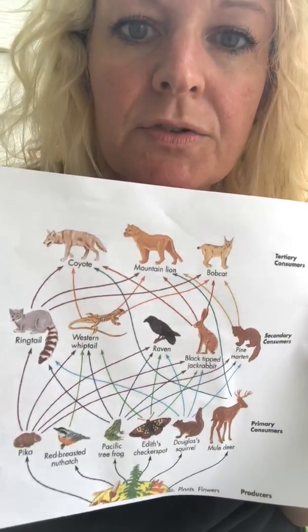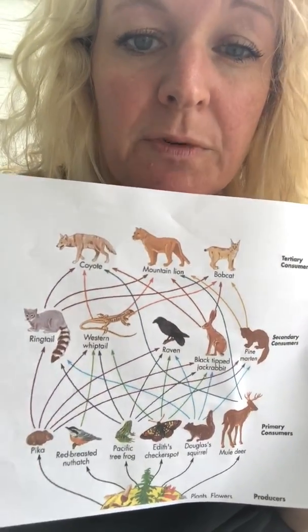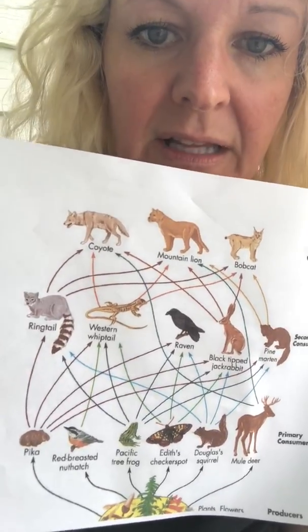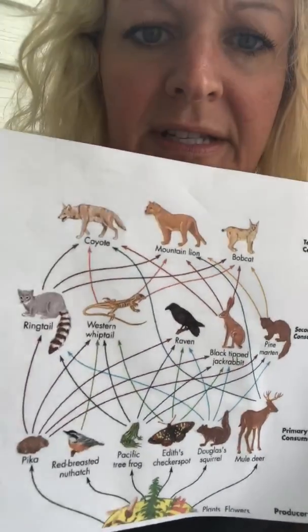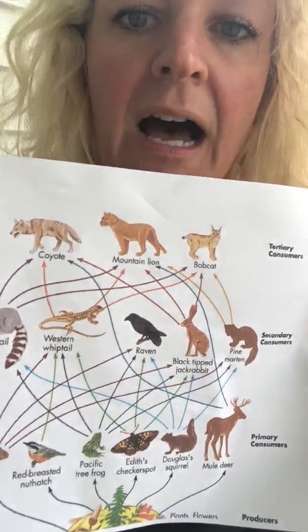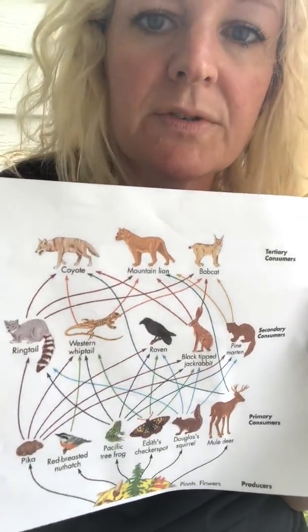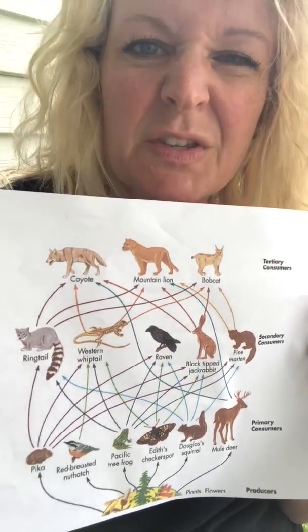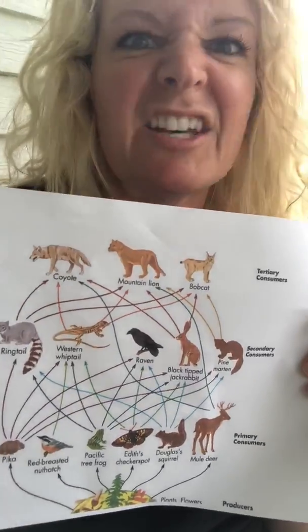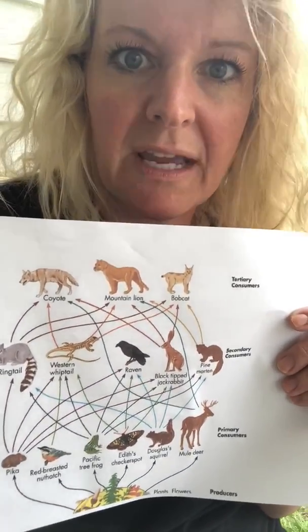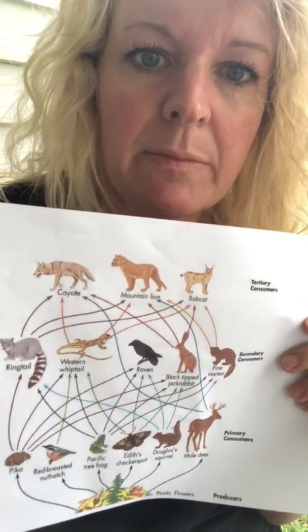All of those things are those herbivores. So those are those consumers that are going to eat plants, and you can see lots of different examples from birds to insects to deer. Above those, we have those secondary consumers, so those meat eaters, but yet they're not at the top of the food chain, so they also could be eaten by another animal.